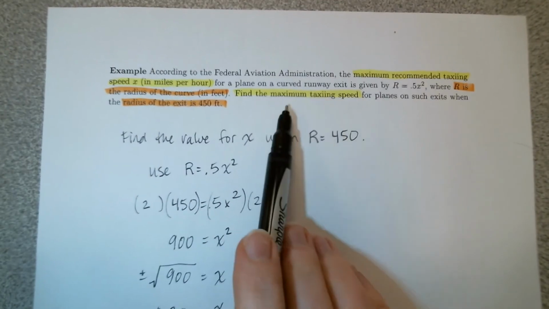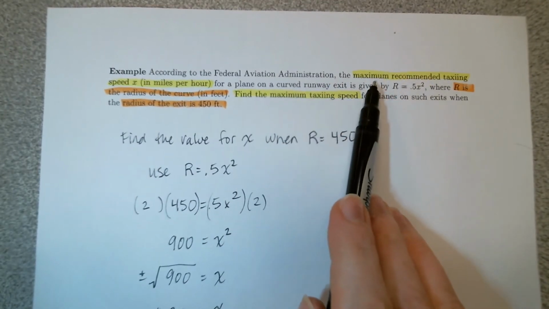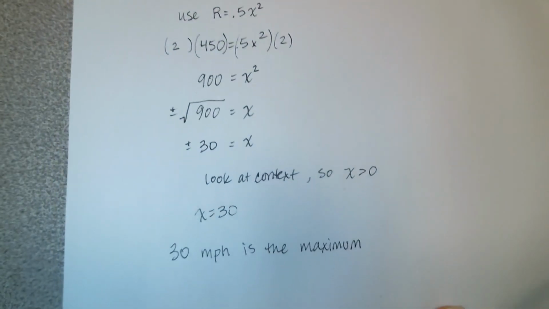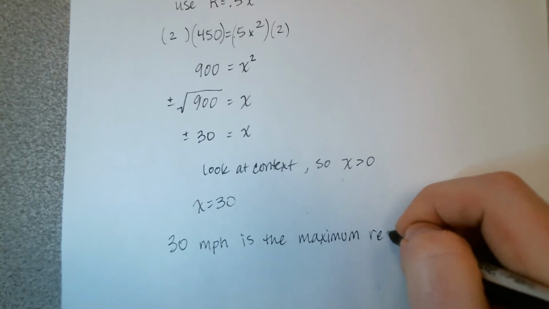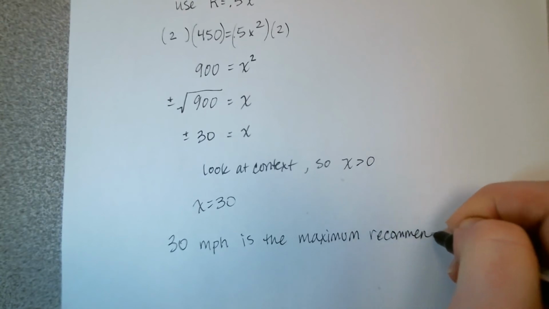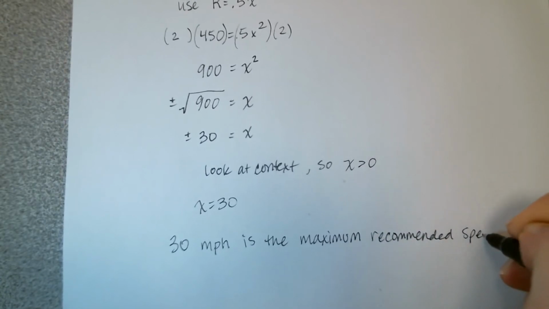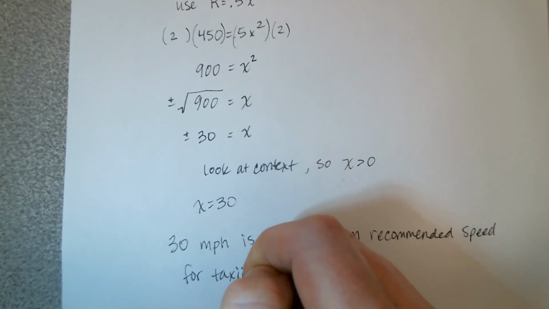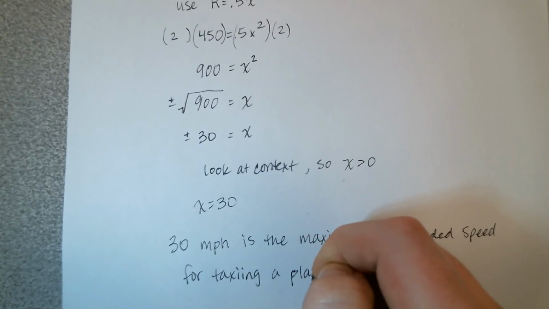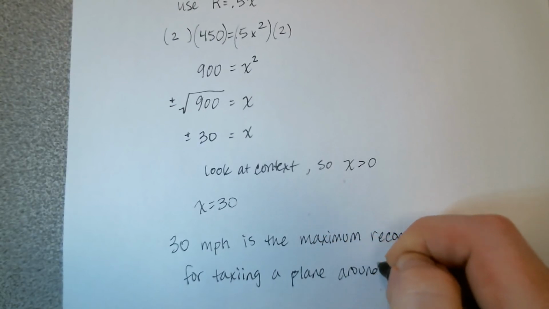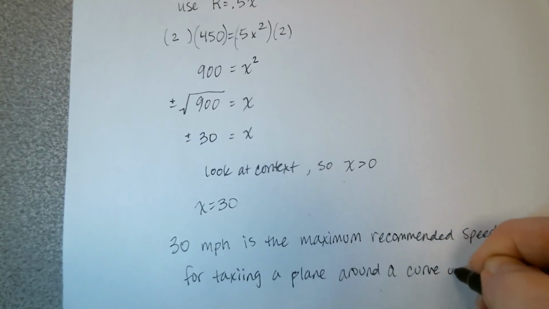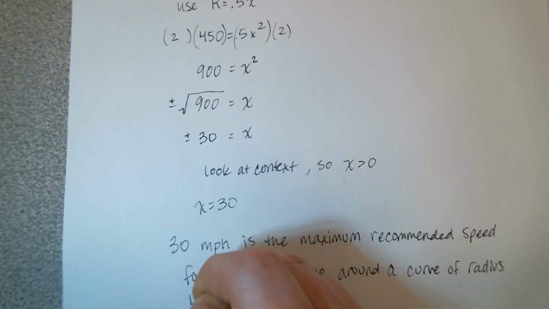We know it's the maximum because it said that's what x is. x is the maximum recommended speed for taxiing a plane around a curve of radius 450 feet.